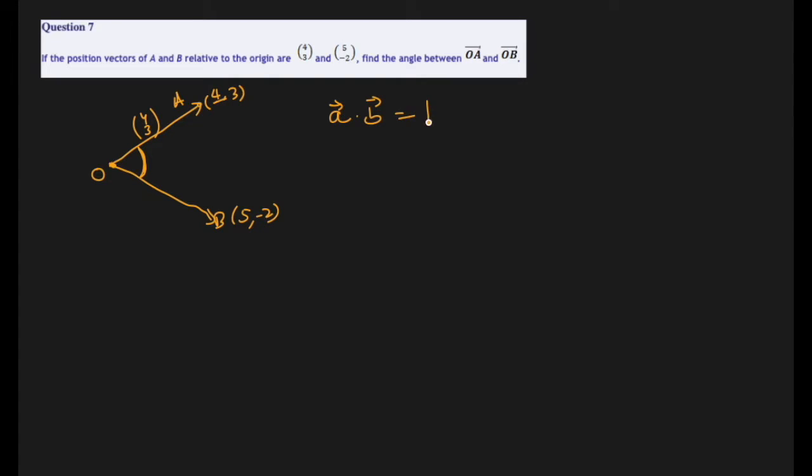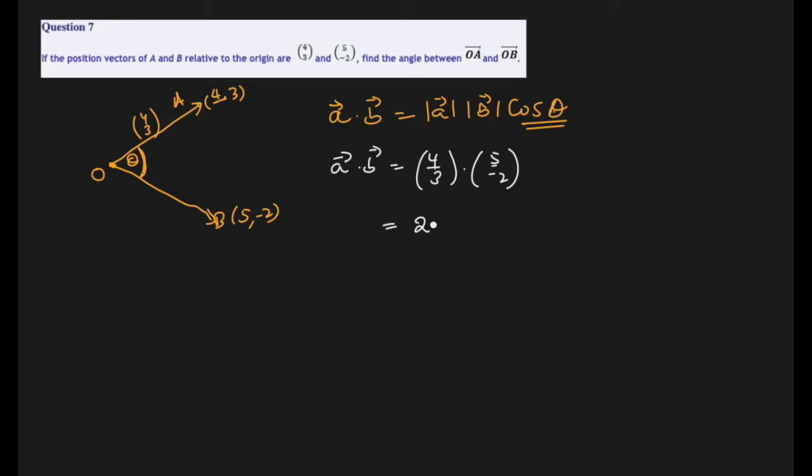A vector dot B vector is the magnitude of A, magnitude of B, cos theta, where theta is the angle between them. All right, so A dot B will be, let's do that separately, (4, 3) first vector dot (5, minus 2) second vector, and for dot product we just multiply the x component of this with x, which is 20, and 3 times minus 2 is minus 6, so 14. 14 is A dot B. Now the magnitude of A will be square root of 4 square plus 3 square, which is 16 plus 9, 25, so 5.